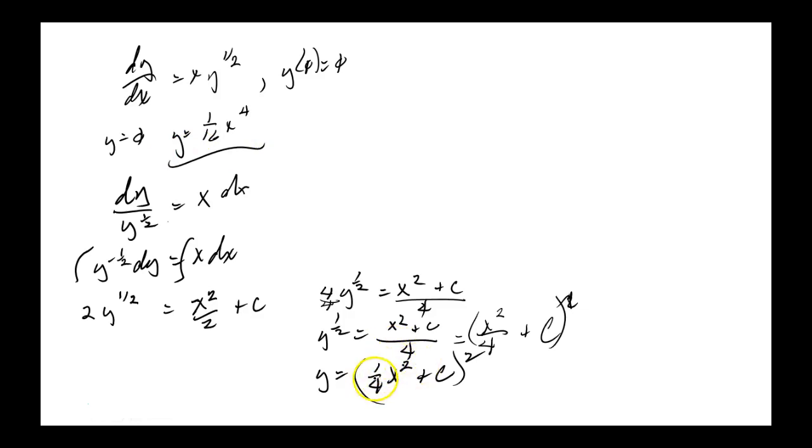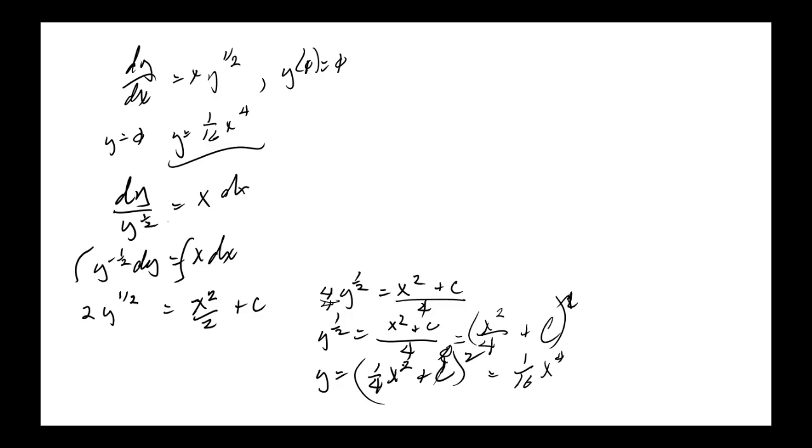Because when you square this with c equals 0 from your initial condition, you get 1/16 x to the fourth. And that's the solution you got up here. Now, that's a solution to your initial value problem.